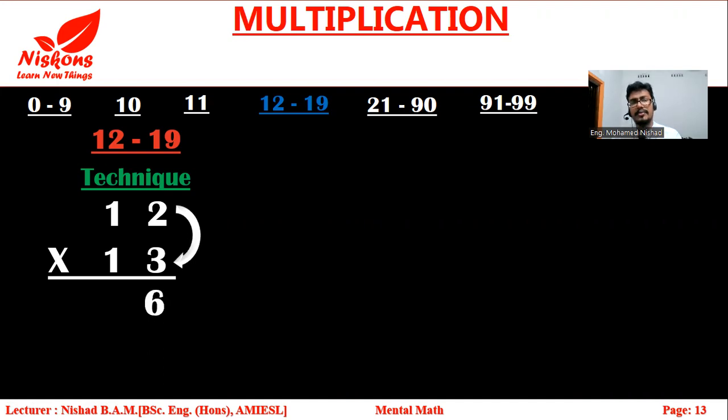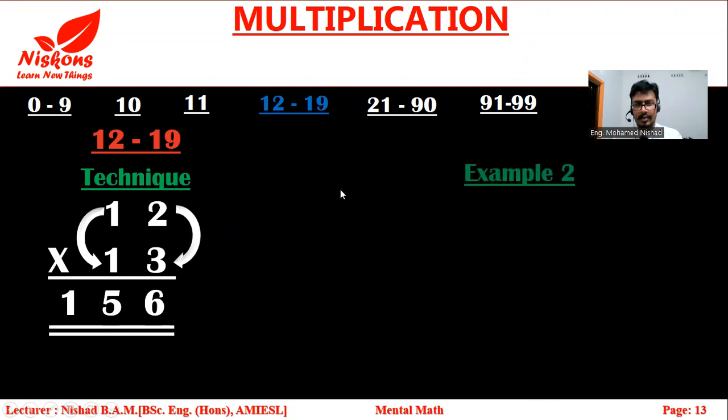And then after, we have to add this 3 plus 2, that will be equal to 5, right? And then 1 times 1 will come over here. So 1 times 1 will be equal to 1. So then that will come over here. So the answer will be 156, right? So hope you get the idea about that one.